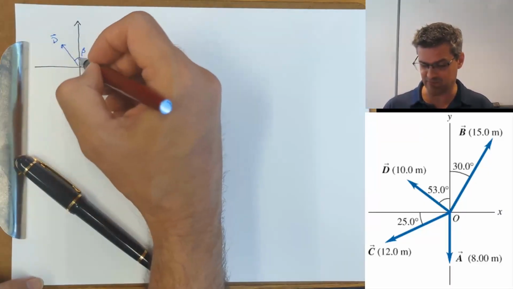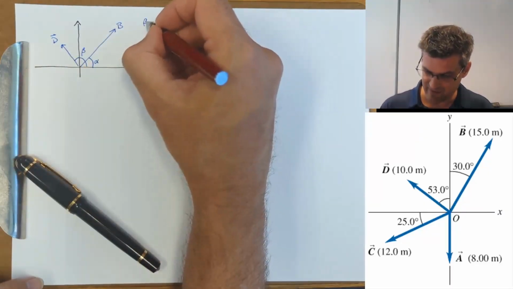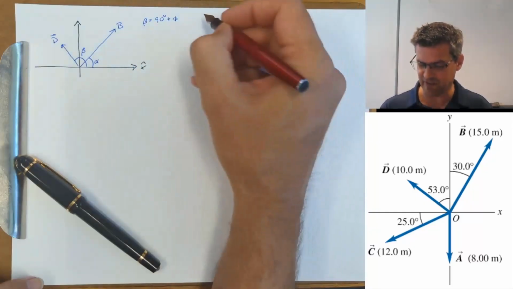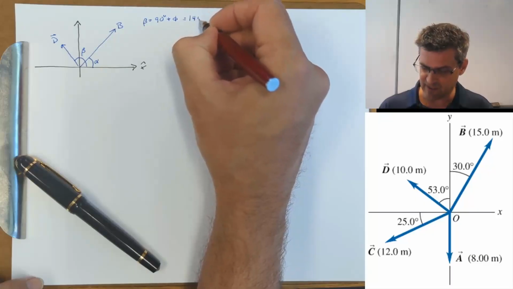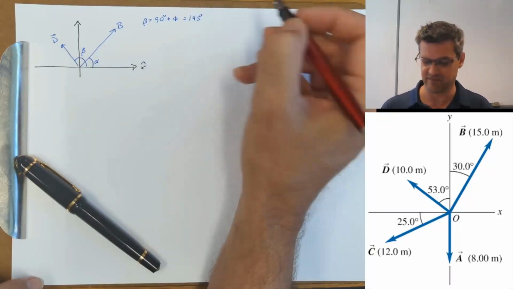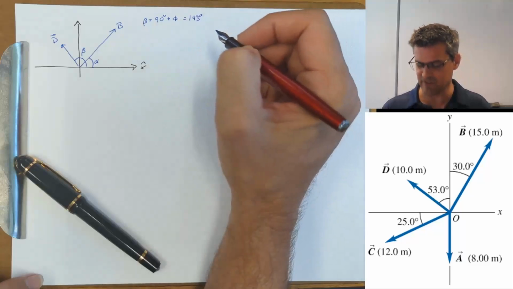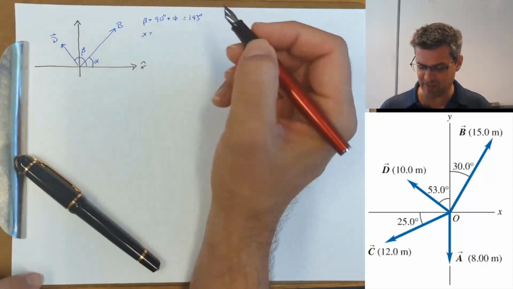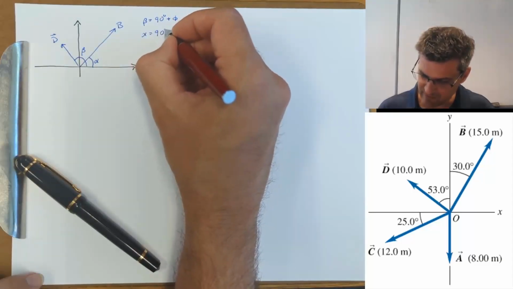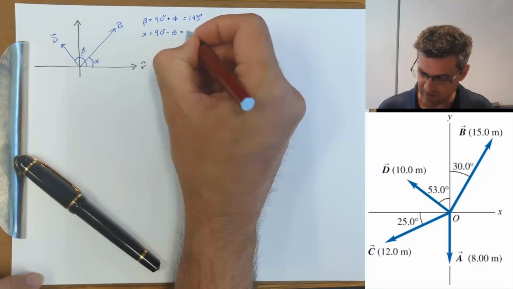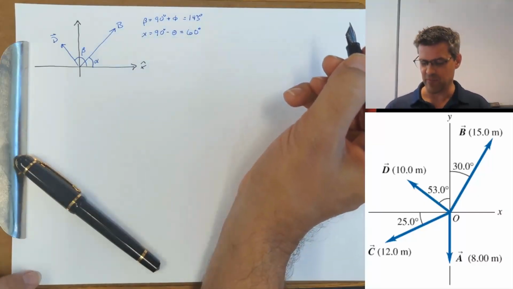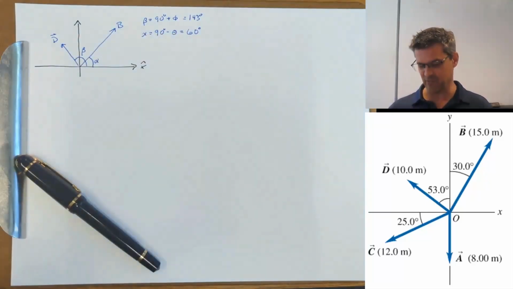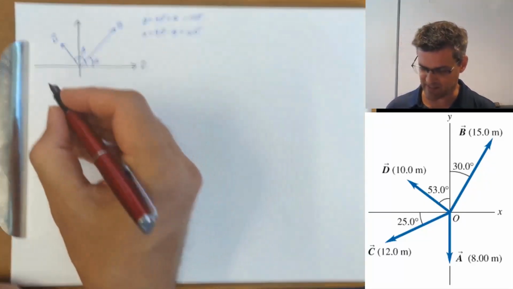Now, this beta is really just 90 degrees plus what we called phi before. So this is 143 degrees. But this alpha, this is just 90 minus what we had as theta before, which is 60 degrees. Now the difference is both of these angles are measured with respect to the positive x-axis.